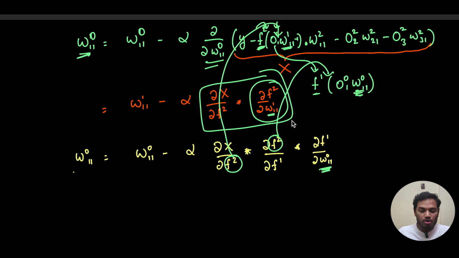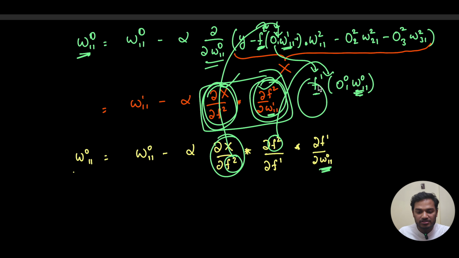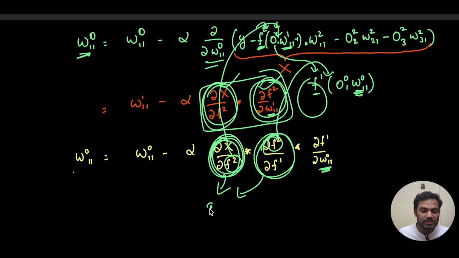While we are doing it in order, what will happen? We have already pre-computed this partial derivative of x with respect to f2, that is repeating over here, right? And similarly, if we have more layers, then this will be even more. These repetitions will occur too many times. So instead of calculating them multiple times, once we calculate this, we can save it somewhere. It's like doing a DP problem.